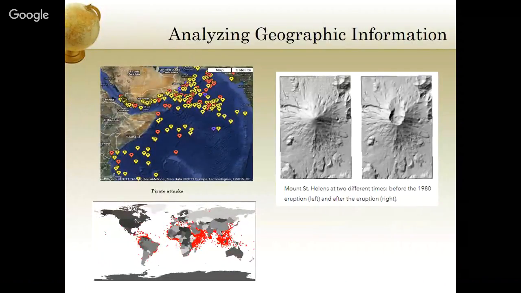So anytime you look at geographic information, your eyes and brain tend to start analyzing it themselves. So here in the upper left corner, this is a map of pirate attacks near the Persian Gulf and in the Indian Ocean, and here's a map globally. So right away, what does your brain tend to do?